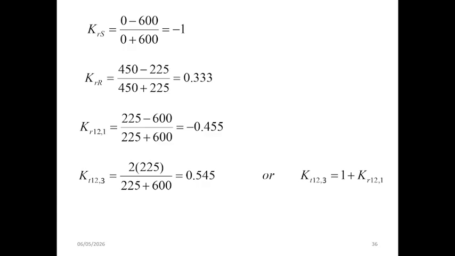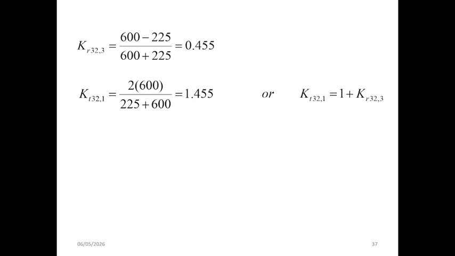Finally, the transmission coefficient KT is computed as either this one or this equation, giving a value of 0.545, which represents the portion of the incident wave that continues forward.